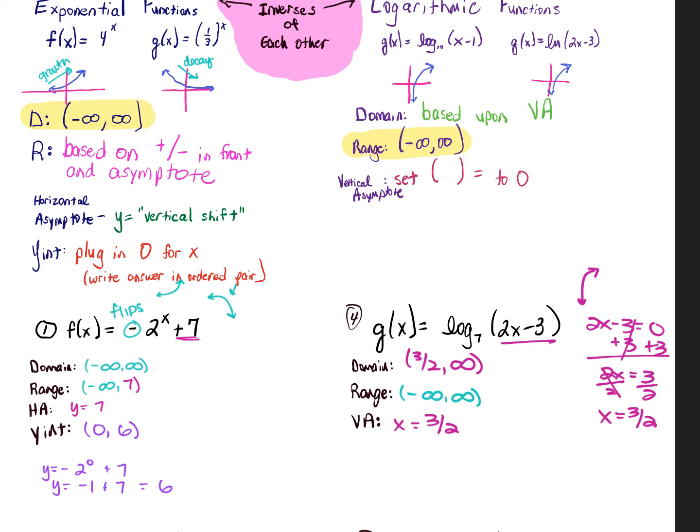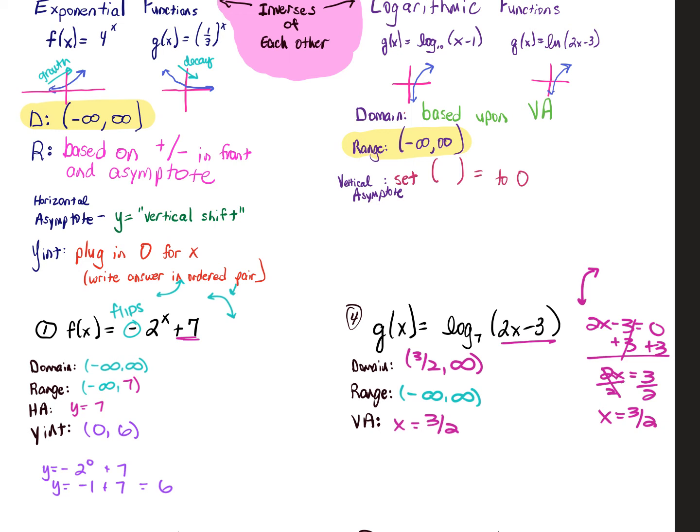If the base of the x is positive or negative, that's what determines it? If the number, the first number inside the parentheses is negative, that's what depends on whether or not it goes to the left or right. Okay? So if it was a negative 2, it would be negative infinity to 3 halves. So if it was a negative 2, you would think about it like, here, let's look at this.